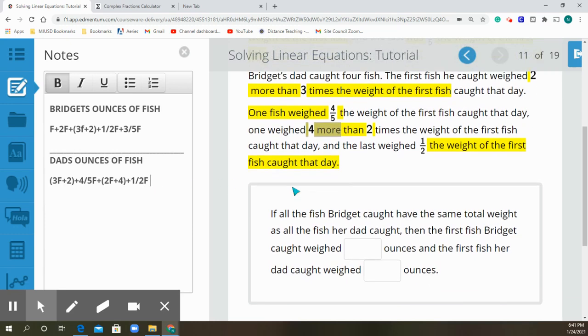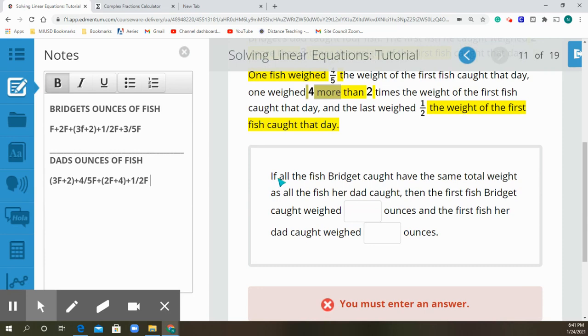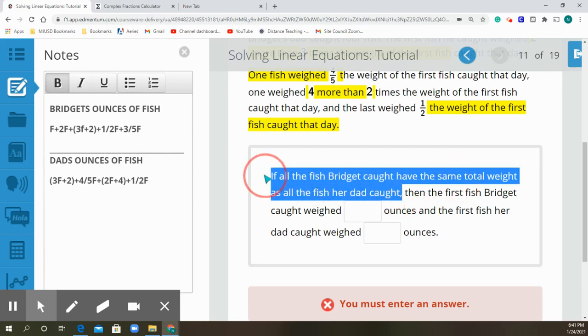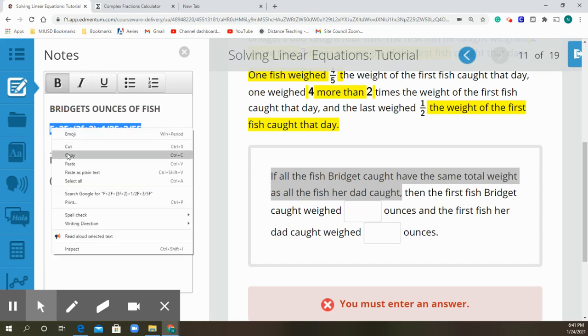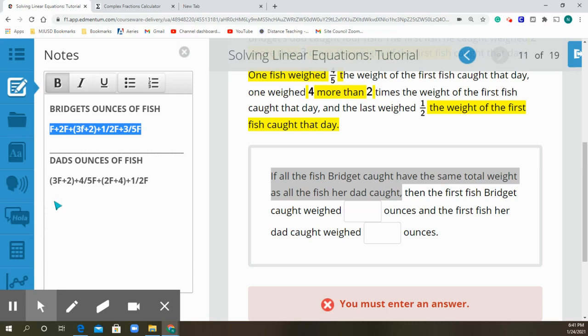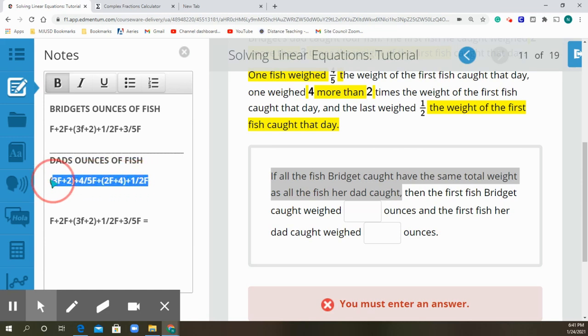All right, sounds good. So if all the fish Bridget caught have the same total weight as all the fish her dad caught, the same total weight, Bridget and dad, so now I know that this equals this.